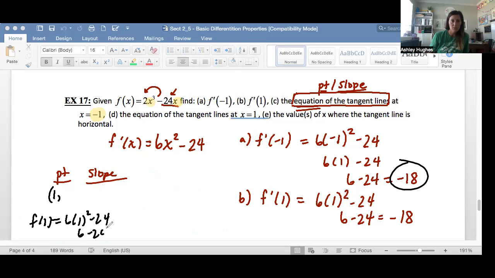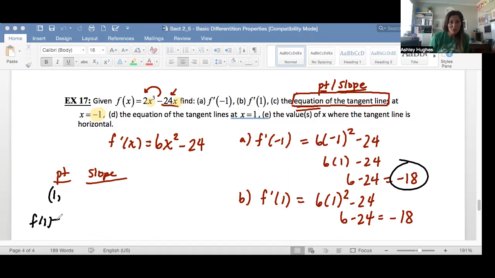So 6 minus 24. So what is that? 18. Negative 18 again. Okay. So then the slope is actually, oh no, whoops. Whoops, guys, sorry. I made a mistake there. I plugged it into the derivative.